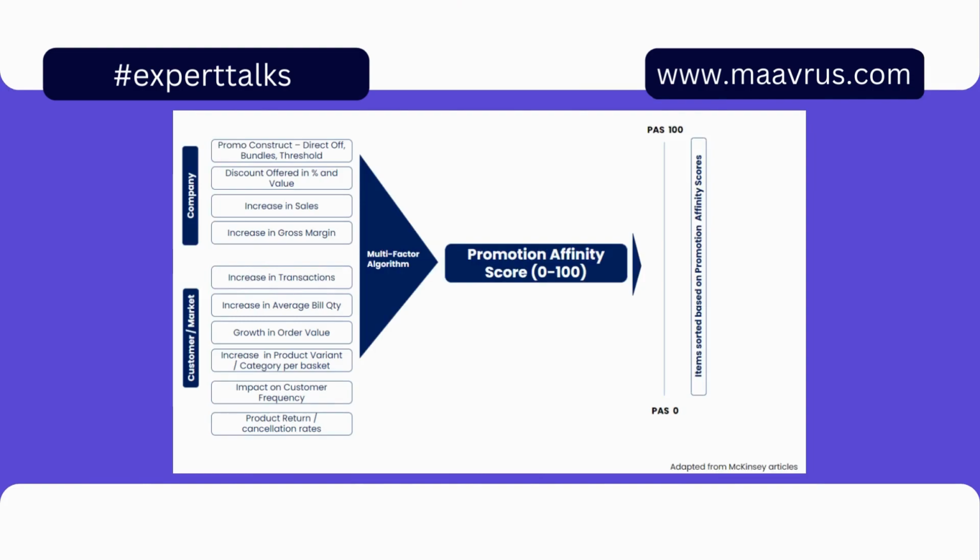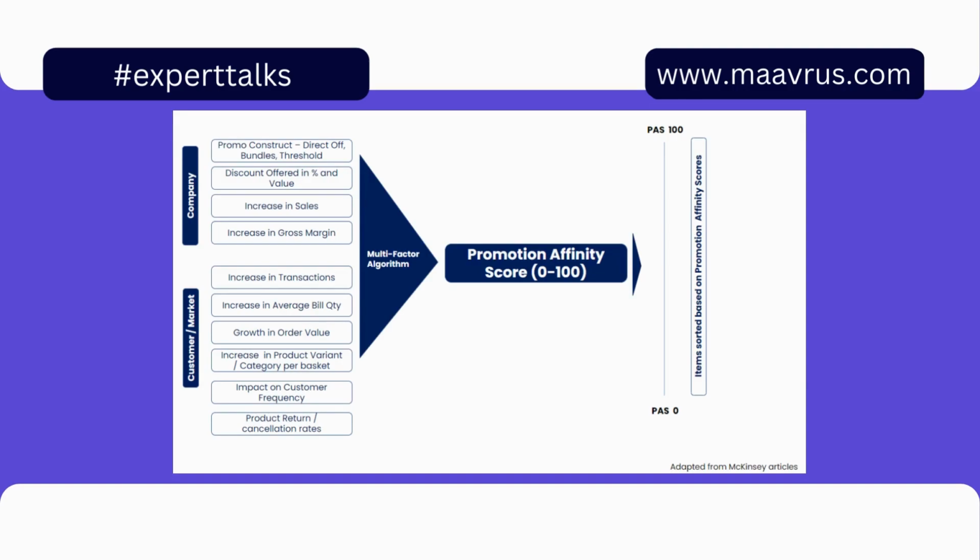Now from a promotion analysis perspective, you could use the same approach and arrive at a promotion affinity score. However, the inputs in this case would be slightly different. From a company-related inputs, it would be history of various promotions that have been done, either direct promotions or bundle promotions, etc. What was the type of sale increase and margin increase and cost inputs that went into that particular promotion?